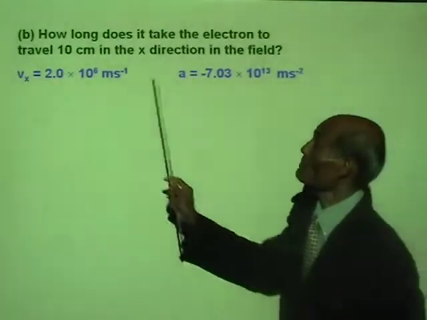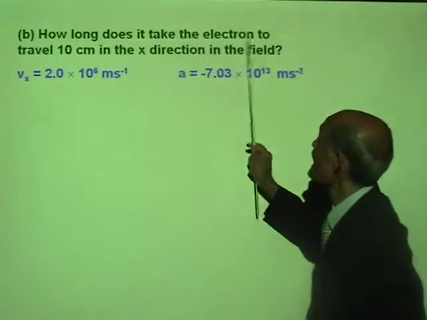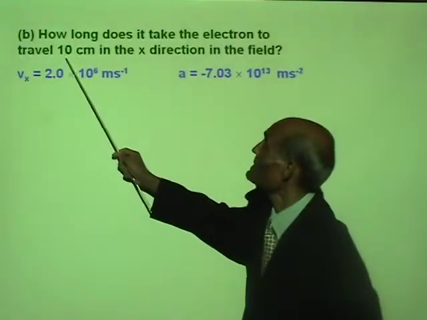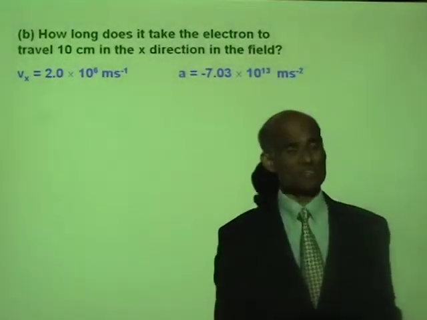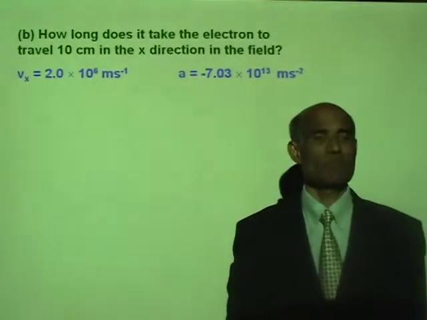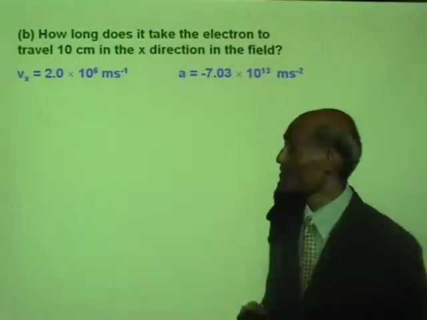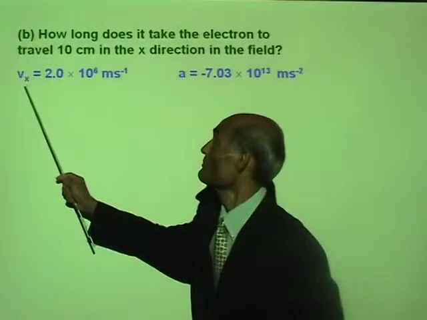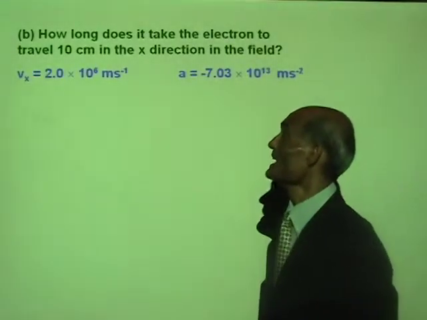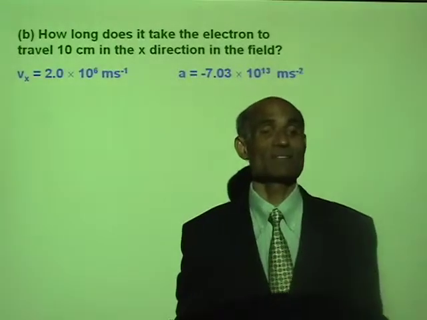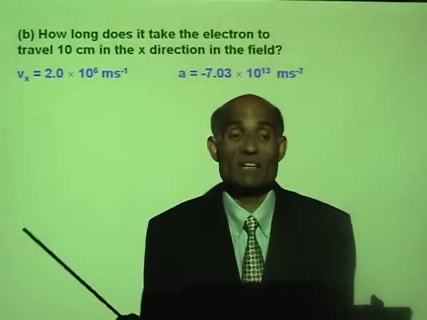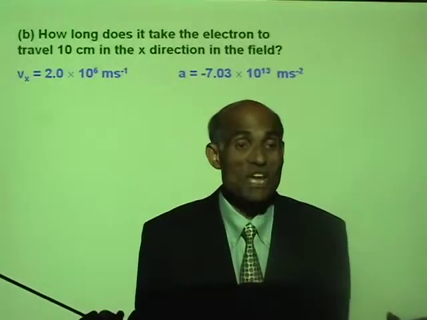Alright, now the question is, how long does it take the electron to travel 10 centimeter in the x direction? Can you do that by yourself? What is the x velocity of the electron? Vx, the x velocity, is 2 times 10 to the 6th meter per second. Now, we just now said that x velocity will not change.